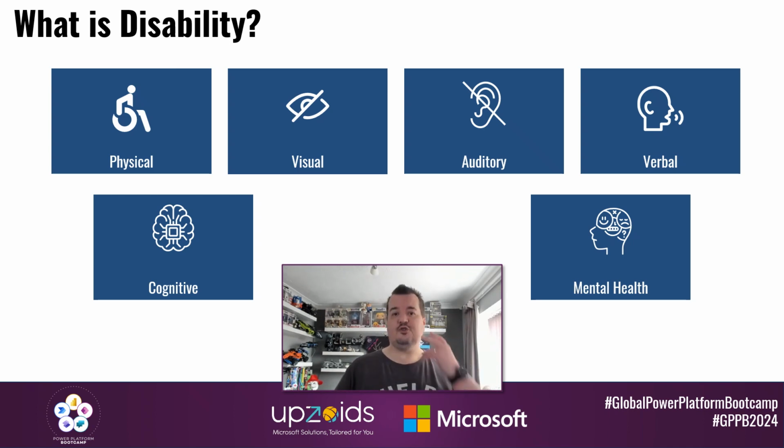You've got your auditory, so your deafness and hearing limitations, also things like tinnitus. You've got your verbal, so your inability to speak or communicate, or issues with communicating vocally. You've got your cognitive, and then you've got your mental health as well.